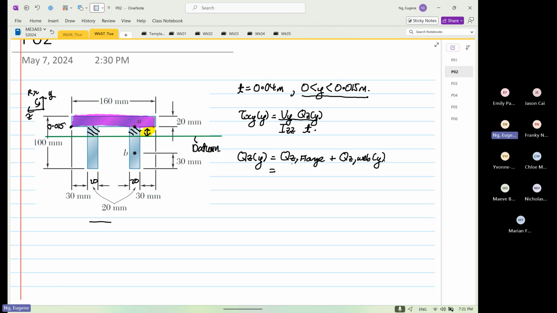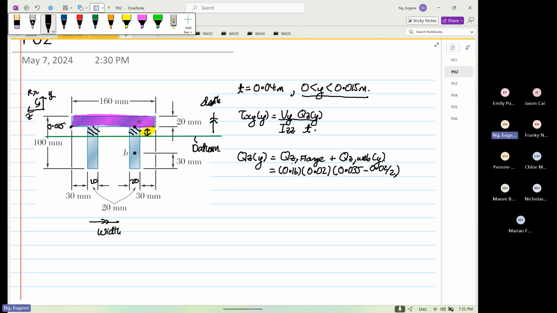so this will be the width. So as usual, this is our width, and this over here is our depth, right? So the width is 0.16 for the flange. The full depth is 0.02, and the y bar is equal to 0.035 minus 0.02 divided by 2.